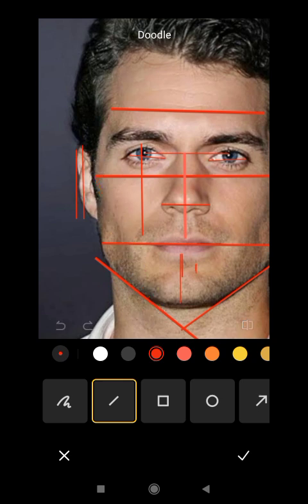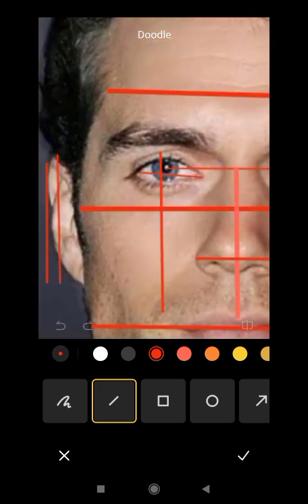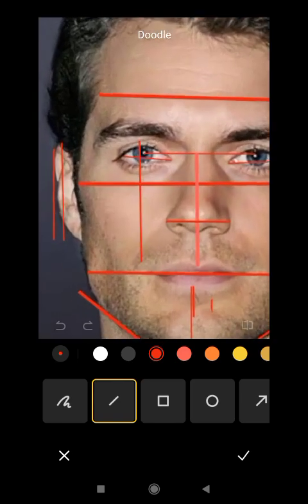So while these values might not seem ideal on paper, they harmonize very well with each other. People think that harmony is some magical unexplainable thing. It's not. It's just that when you have a feature that falls quote unquote outside the ideal range, you need another feature that falls outside the quote unquote ideal range to make the face look as good, such as his cheekbones are on the lower set side, but his jaw is also on the wider side.